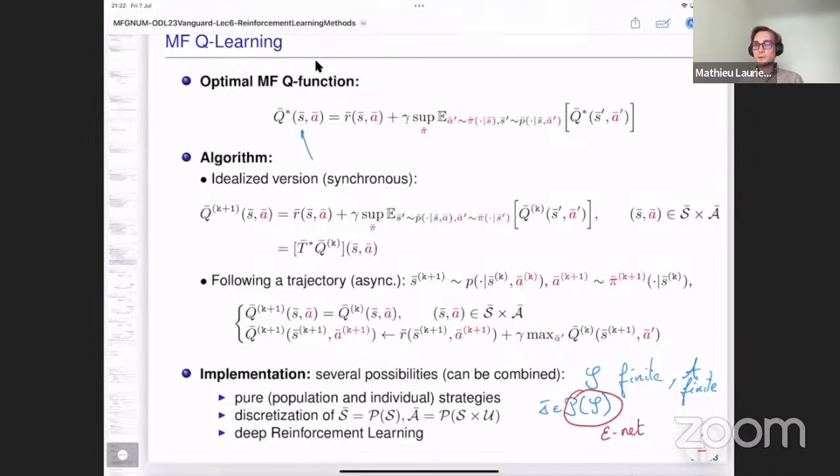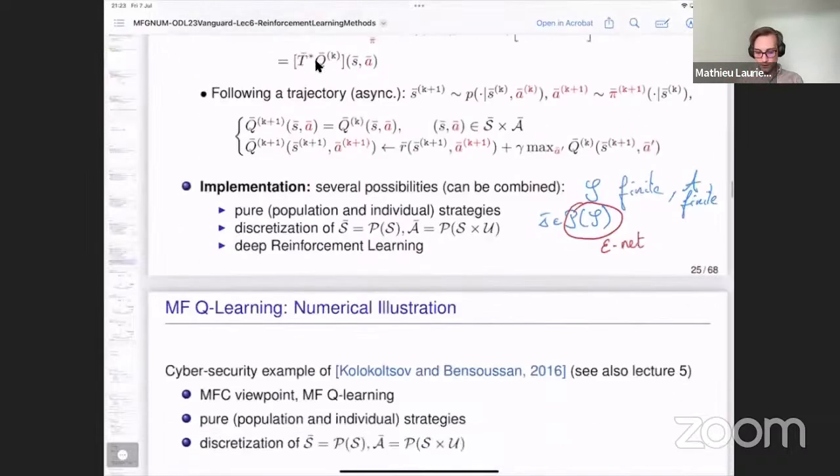If I replace the simplex by a finite number of points, so my input S bar can only take a finite number of values, and I do the same for A bar, then I have a function Q bar, approximated, defined only on a finite number of points. And I can have a tabular representation of this Q bar, and I can apply so-called tabular Q learning. Otherwise, if I want to stick to the whole simplex, I need to do some kind of function approximation for Q bar, and here I'm going to use neural networks.